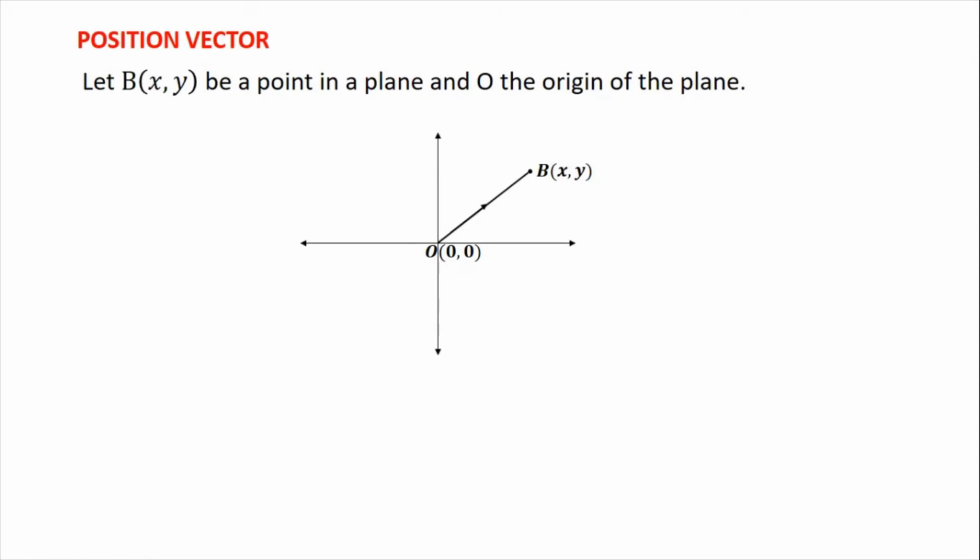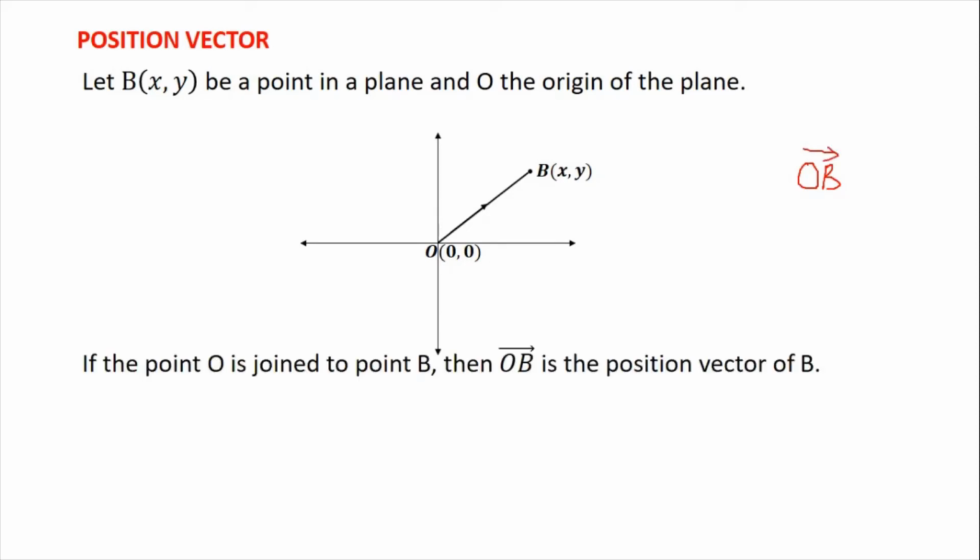That is what we've been learning all along. So as soon as we join point O to point B, looking at the direction of the arrow, we have created this vector OB.